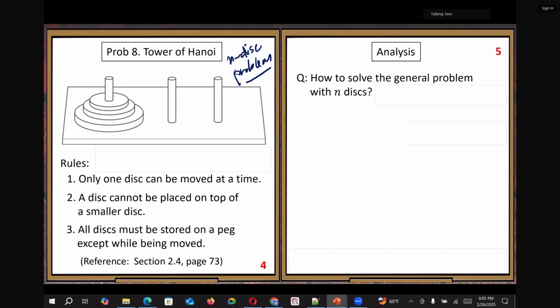But if you do not have training, you do not like to make that kind of assumption. For example, when I ask you to solve the Tower of Hanoi problem with 100 disks, usually people say, oh, it's too hard. How can I get it started?